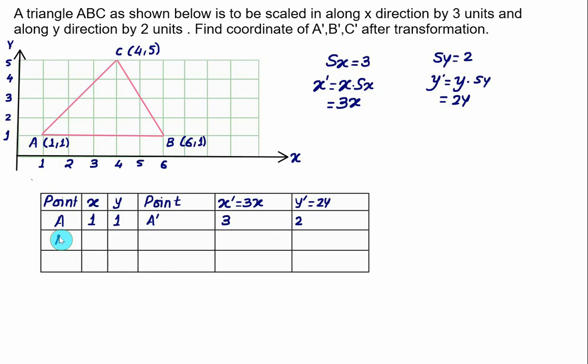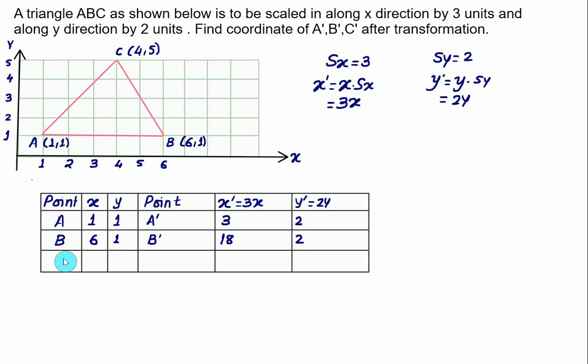Then we have point B, whose x coordinate is 6, y coordinate is 1. After transformation it will become B prime. So x prime is 3 multiplied by 6, which is 18, and y prime is 2 multiplied by 1, which is 2.